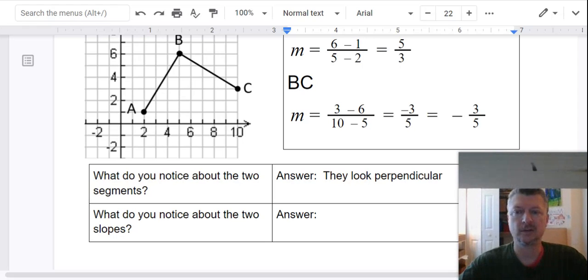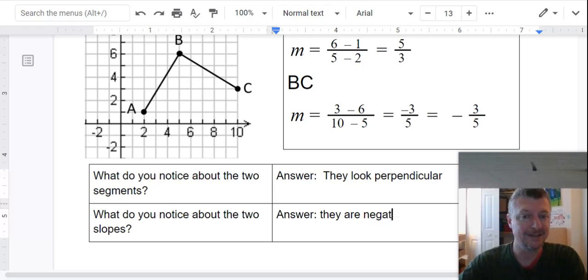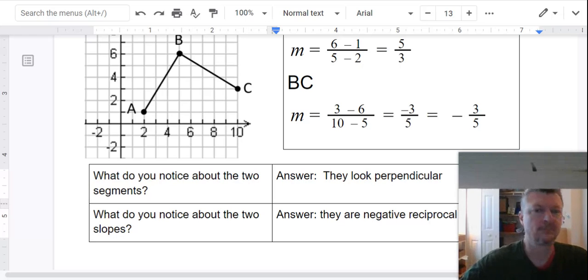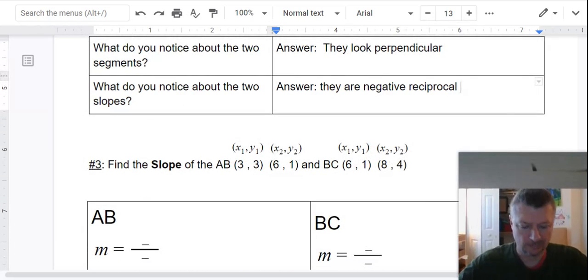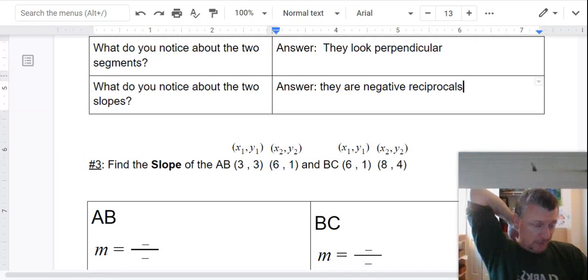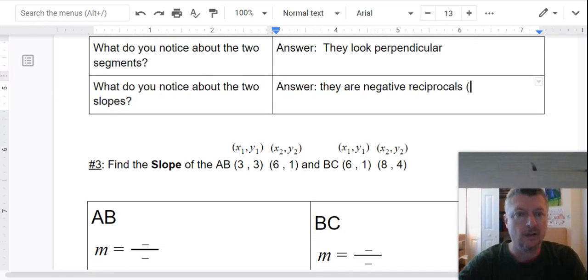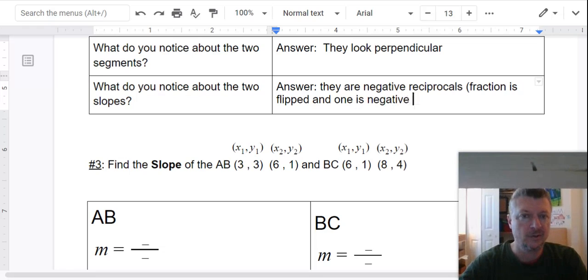All right, so what do you notice about the two slopes? They are negative reciprocals. So that's what they are, negative reciprocals. There we go. That means, I'll put it in here, the fraction is flipped and one is negative, one is positive.